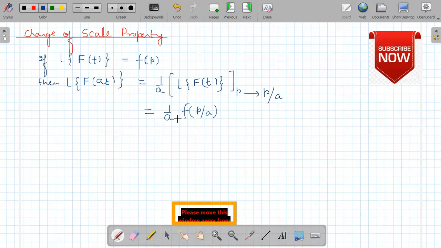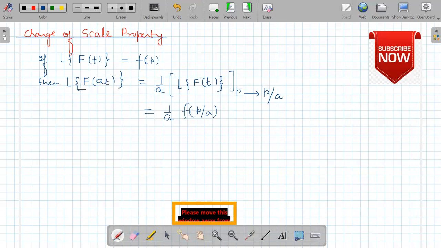So what is this property? Let us understand. Here we are given this function, and this is a new function where the scale of the variable t has been changed because we have multiplied this variable t by some constant a. This is called change of scale property. So in this new function, the scale of t has been changed. So how to find the Laplace transform of such new function?